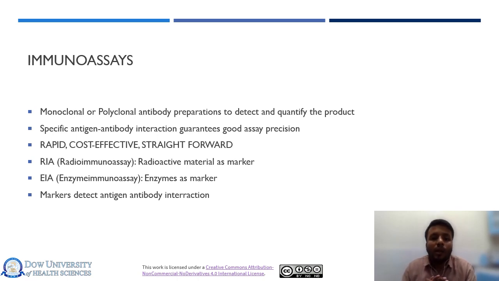In the RIA, the radioactive material is the source, which is used as a marker to detect the antigen-antibody interaction. While in EIA, as the name suggests, enzymes are used as the markers. The markers are used to detect the interaction between the antigen and the antibody, which gives a very reliable and precise measurement of the product.